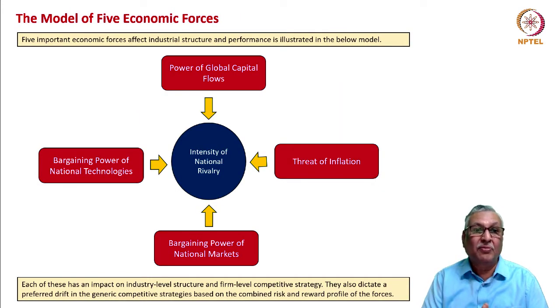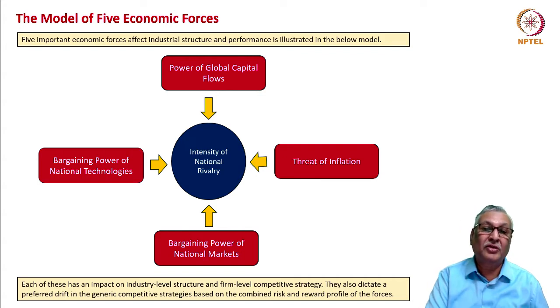I propose a model of 5 economic forces which would impact industrial structure and performance. This is my model of 5 economic forces. We have power of global capital flows. We have the threat of inflation. We have the bargaining power of national markets. We have the bargaining power of national technologies. Together, these also lead to intensity of national rivalry.